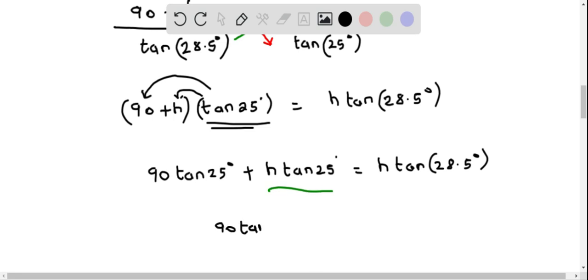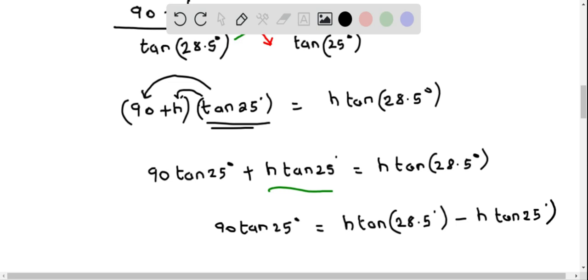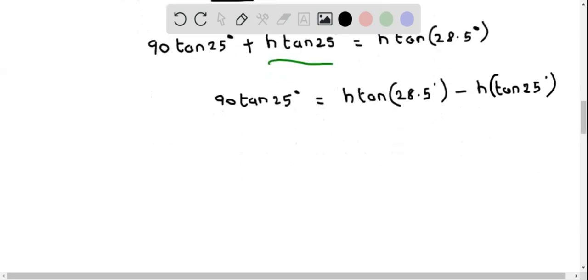We will subtract this expression from both sides, and so on the left side we will have only 90 times the tangent of 25 degrees, and this equals on the right side H times the tangent of 28.5 degrees minus H times the tangent of 25 degrees. We see that we can factor H from the right side expression.